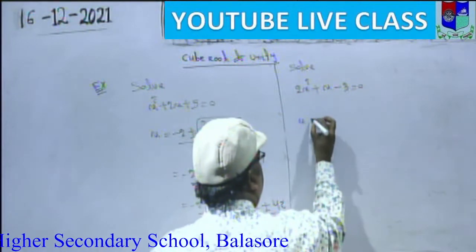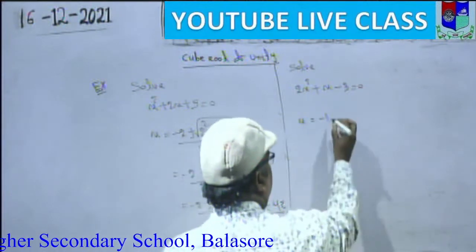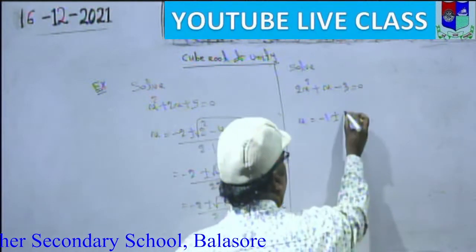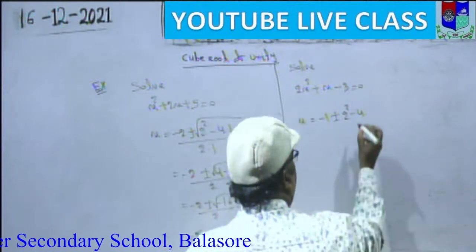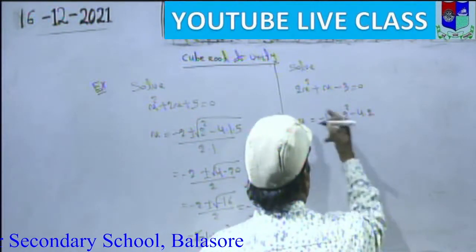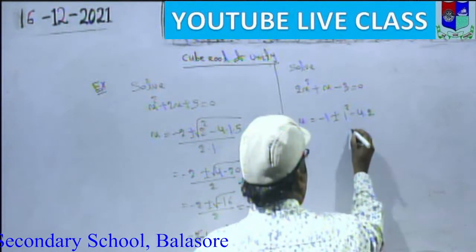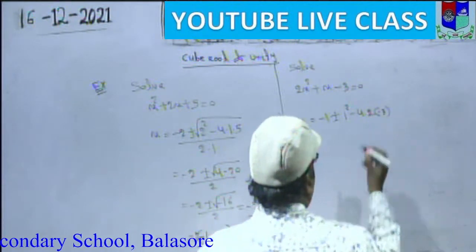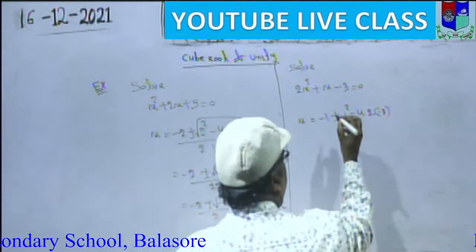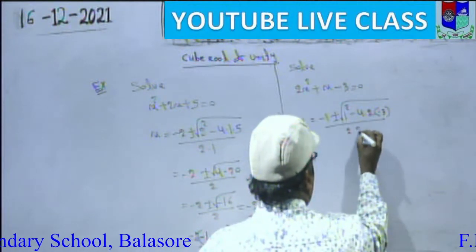Now x equals minus b plus or minus square root of b square minus 4ac, divided by 2 into 2.